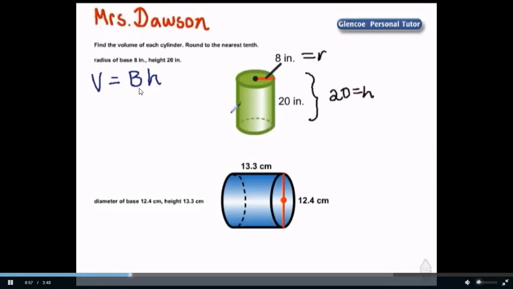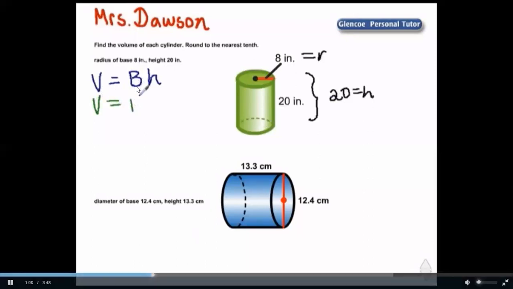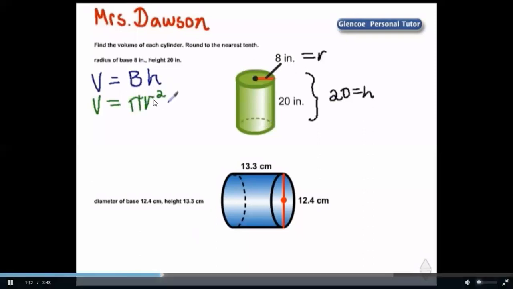In this case, this base is a circle. So because this base is a circle, we're going to use the circle formula for area, which would be pi times radius squared. So she replaced the big B, the capital base, with the area formula for the base of the circle. And we'll put some numbers in.